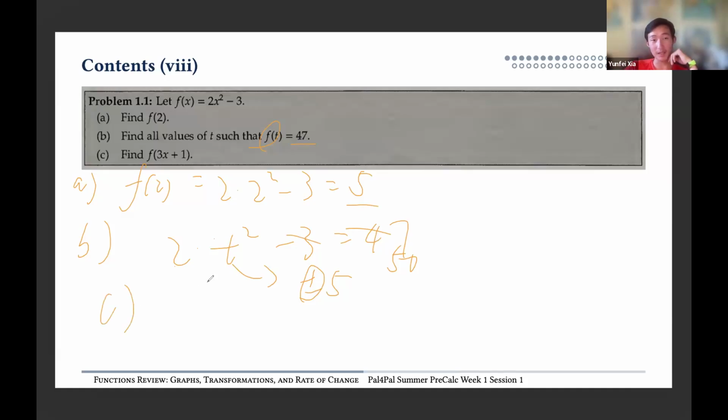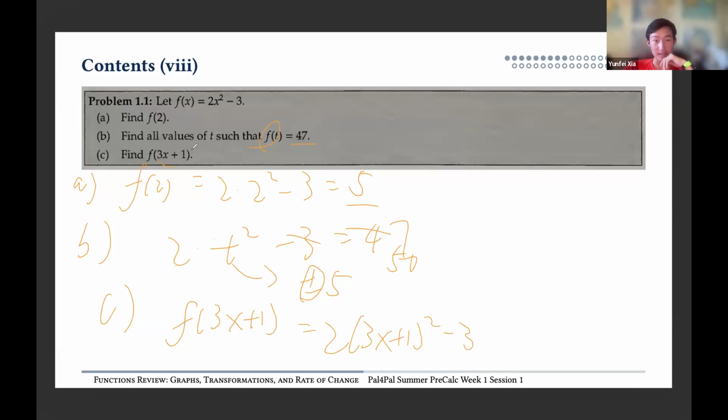How about the third part, C? Right, so we can treat this as a composite function, which we're going to dive into details on later.